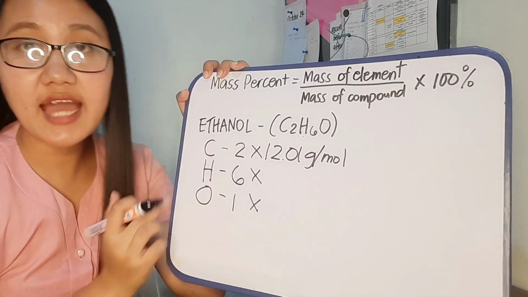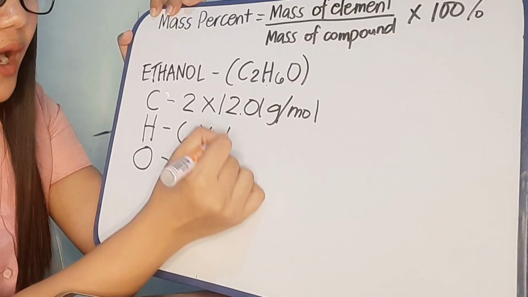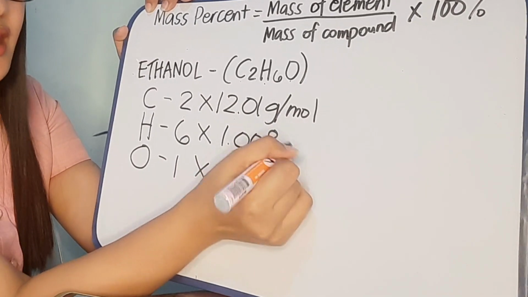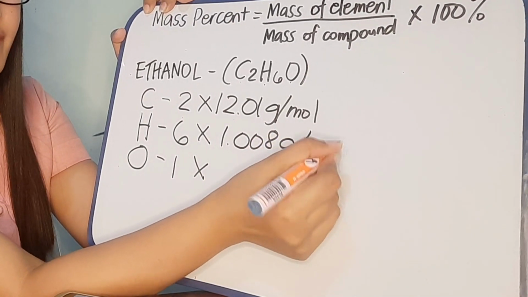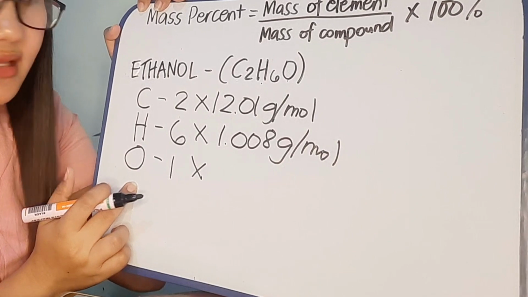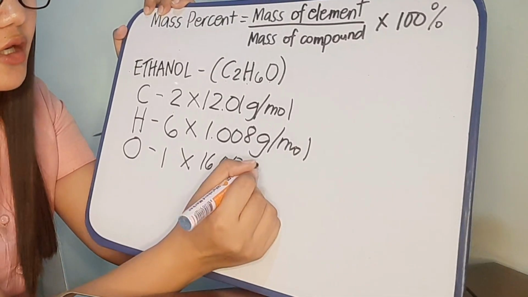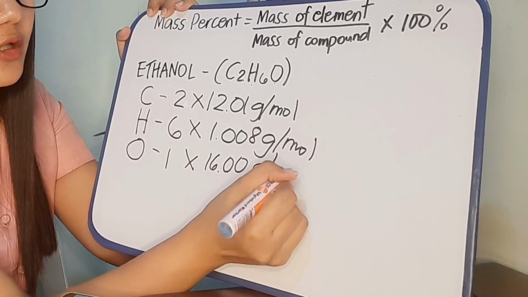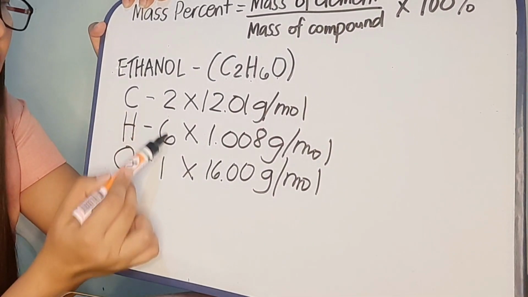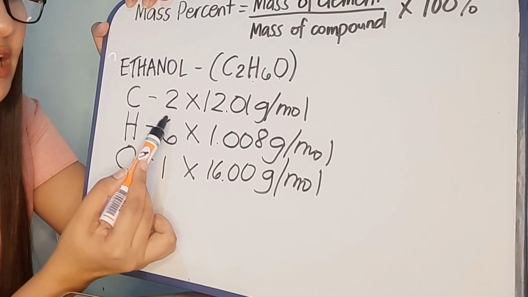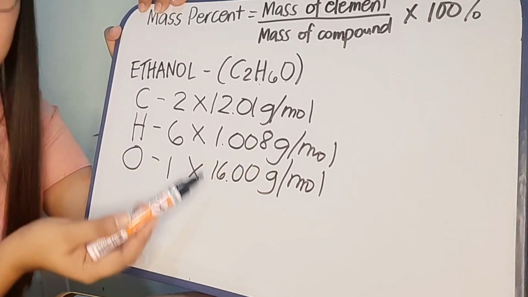Samantalang ang hydrogen naman, we have 1.008 gram per mole. At yung ating oxygen naman, meron tayong 16.00 gram per mole.